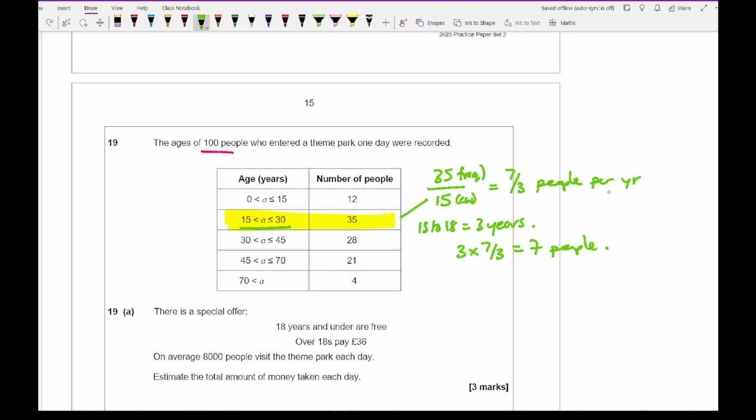So 7 people out of that 35 are under 18, so from that group, if I do 35 take away 7, that gives me 28. So 28 people out of 35 in the age range of 15 to 30 years old are above 18. So I can then write 28.